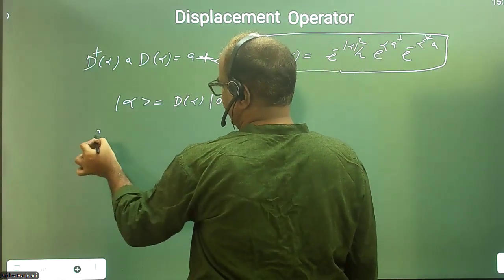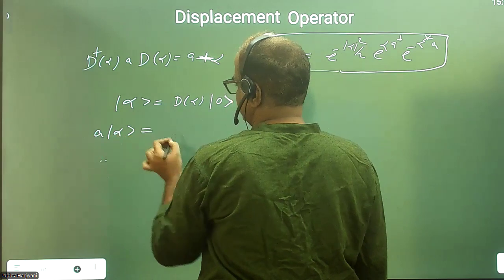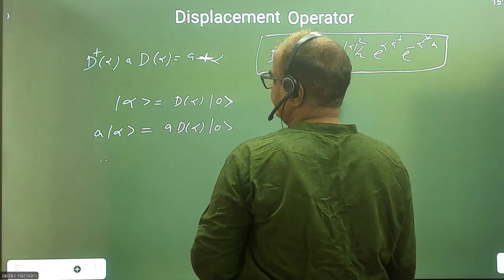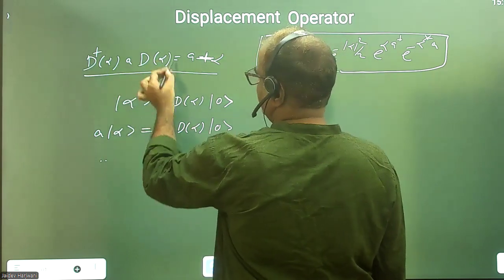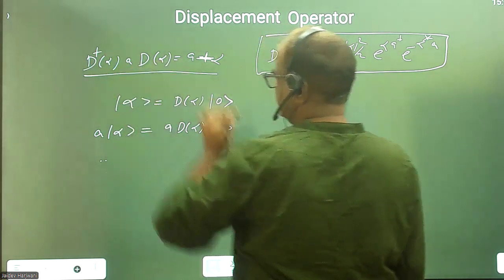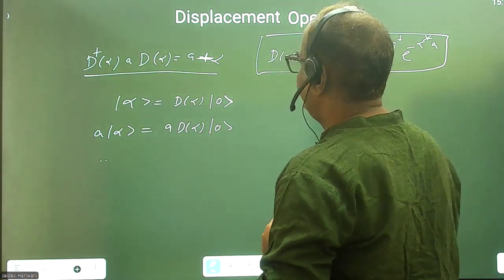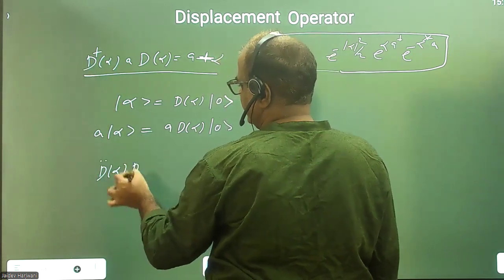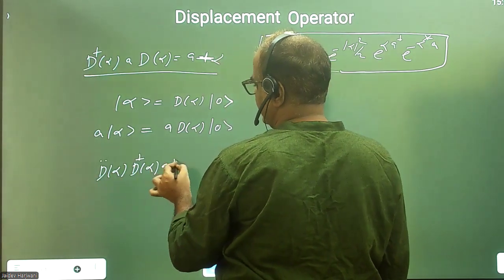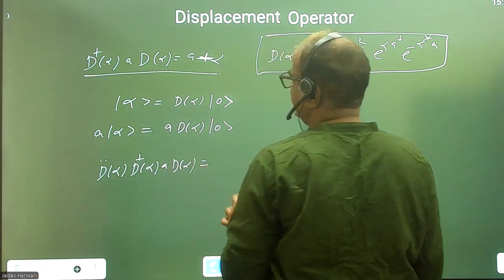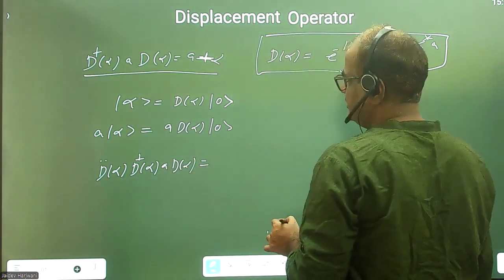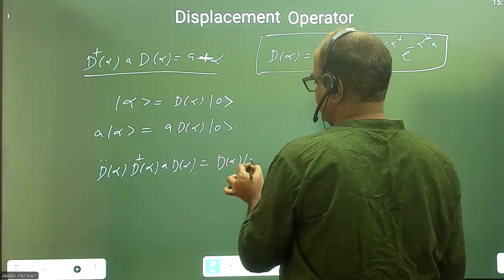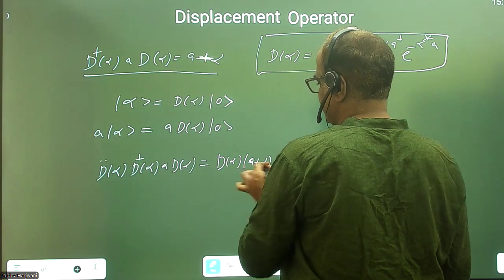Now let us apply A on alpha. So A alpha will be A D alpha on the vacuum, and A D alpha I can get from here. If I operate D alpha here, D alpha D bar alpha A D alpha, this will be D alpha A plus alpha.